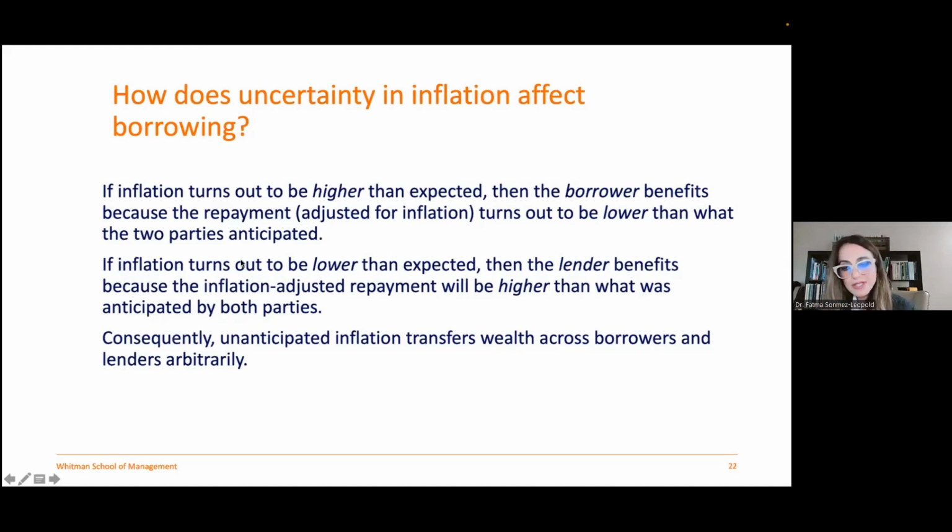But if it turns out that inflation is actually higher than what you expected, so the inflation is 5%, you expected 2%, then all of a sudden, as a borrower, you benefit from this, because your repayments, remember, you have to pay interest payments when you borrow, are all fixed amounts, so you pay out less than what you anticipated initially.